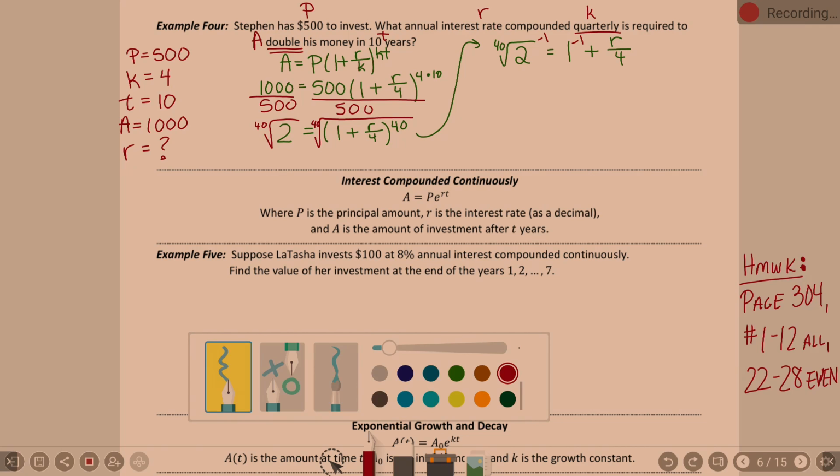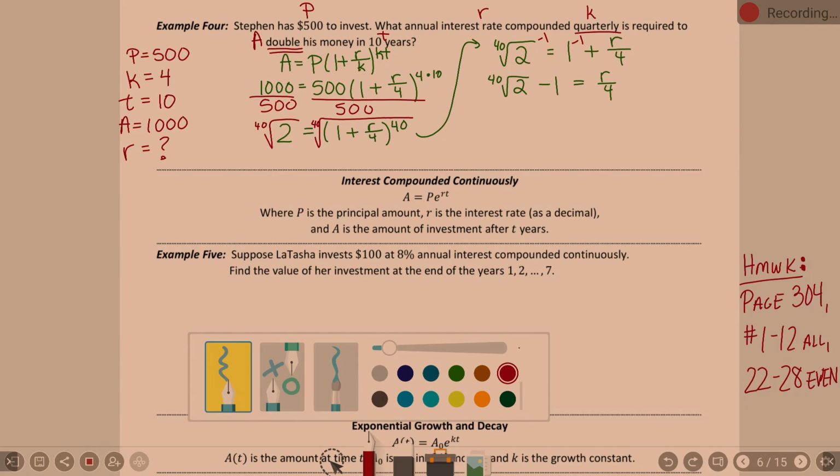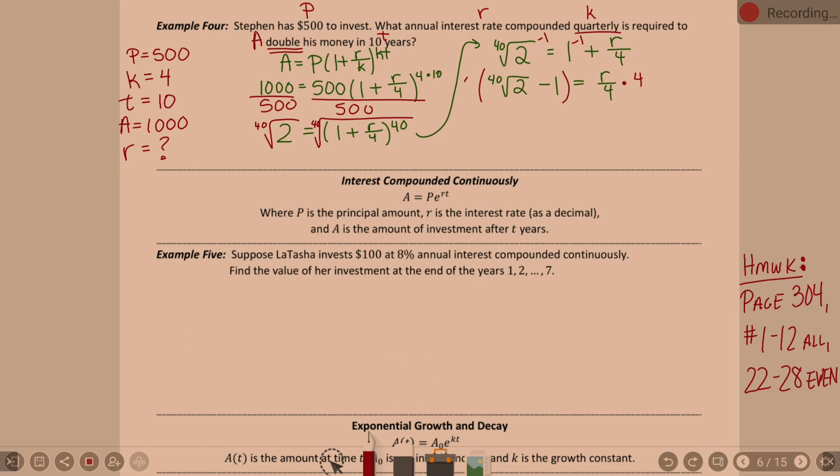So then I'm going to have the 40th root of 2 minus the 1 equals r divided by 4. If it's r divided by 4, we're going to multiply by 4. So when I write this out for what I'm going to put in the calculator, r is going to be 4 times parentheses, the 40th root of 2 minus 1.